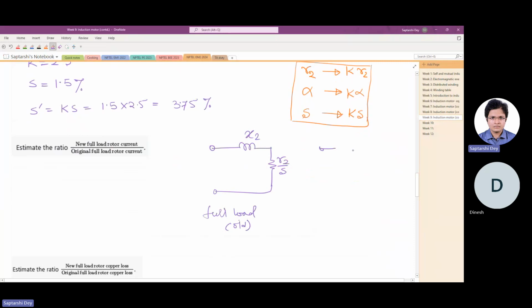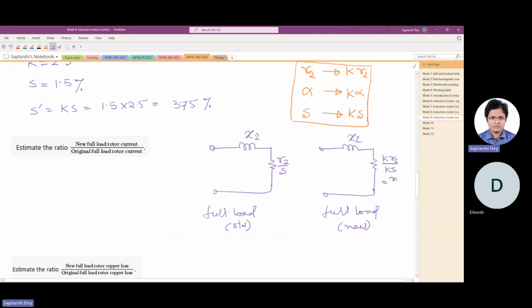And in the new circuit X2 does not change. R2, again at full load, new: R2 was made KR2 and we have seen that the full load slip is Ks.